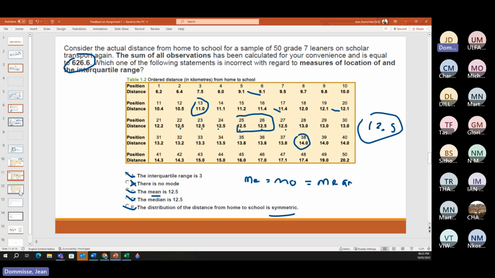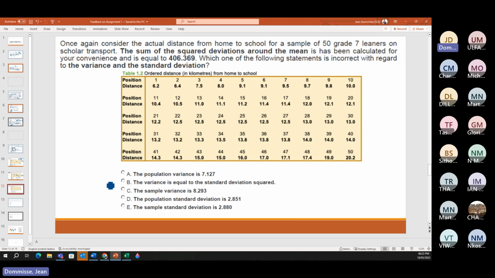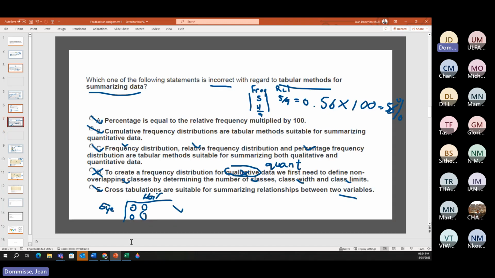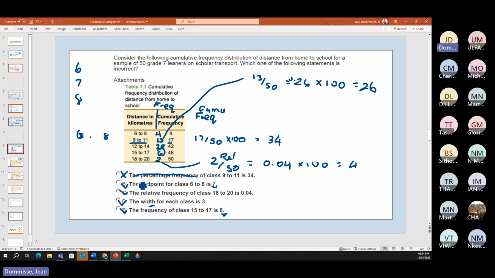The next set of questions will now be on the same set of data, but now we've done central tendency, so now we go to the dispersion of data. So basically, with one set of data, they tested that you can do frequencies.